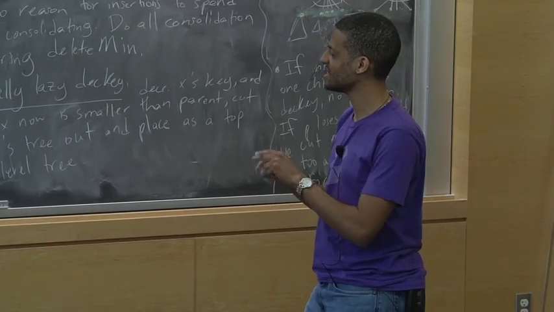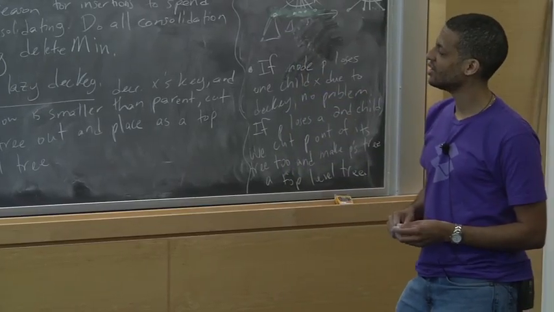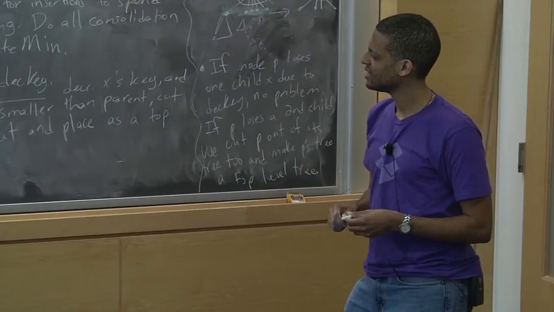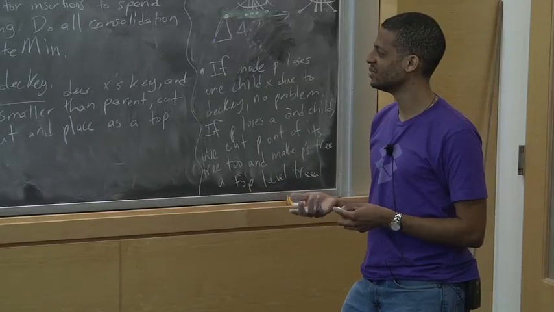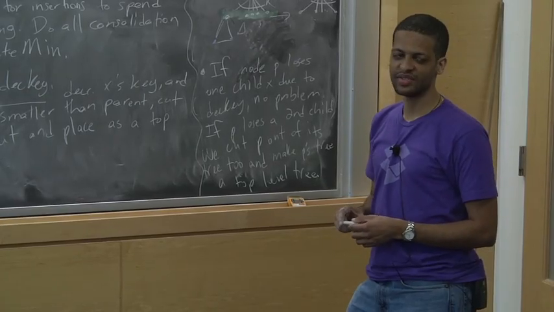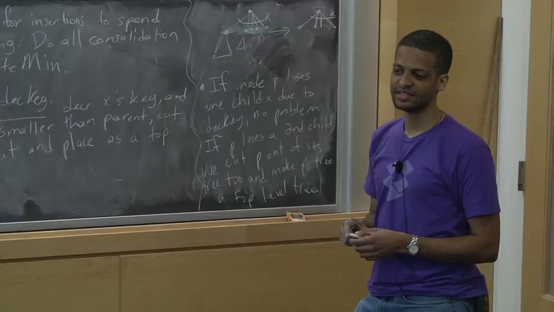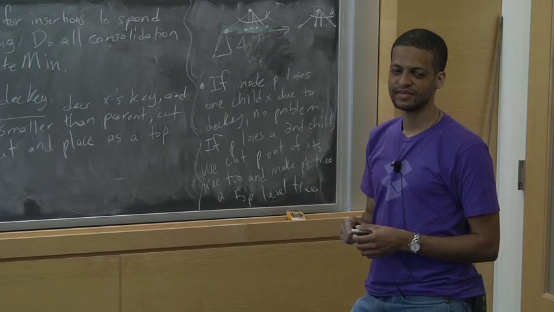I wouldn't know how to formalize the statement that this is the only one that works, but no, I don't. You mean something else that looks sensible but is conceptually different? I don't know one off the top of my head. Yeah. Other questions?